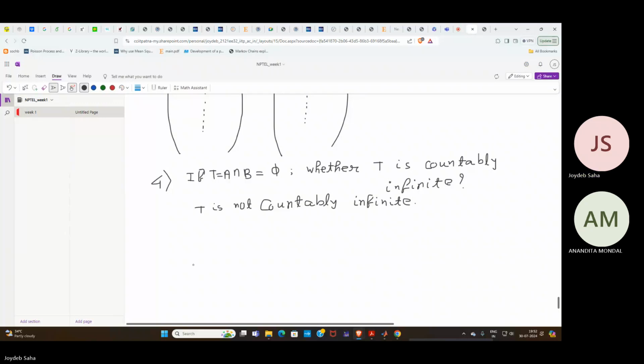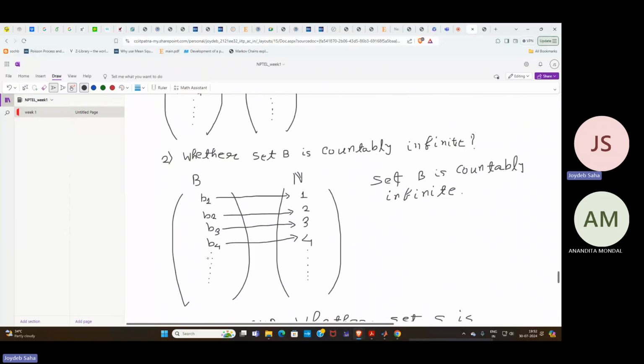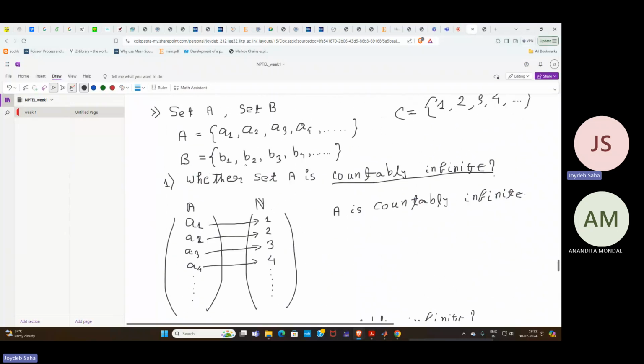Now, from this example, what we are getting is that if a set A is countably infinite, and another set B is countably infinite, then their union will also be countably infinite, right?